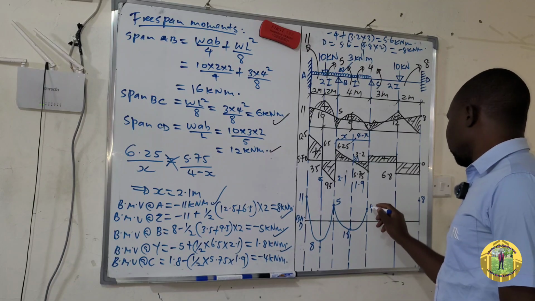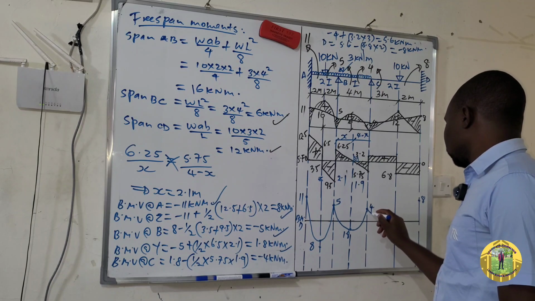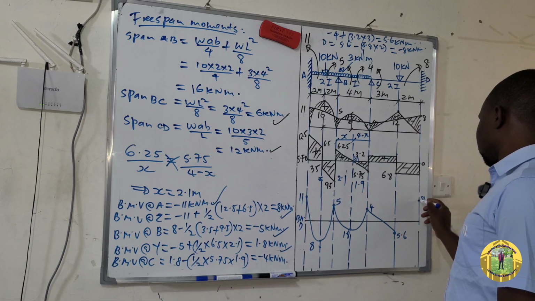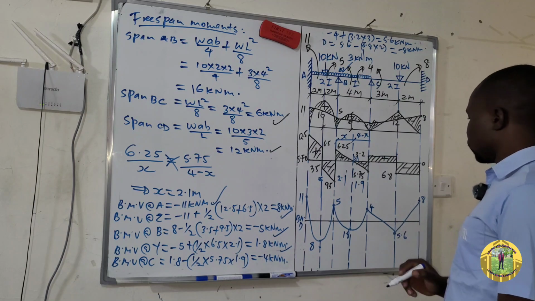From here is an inclined line, and then an inclined line.